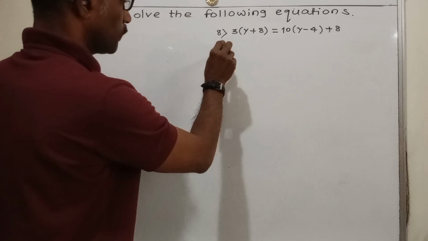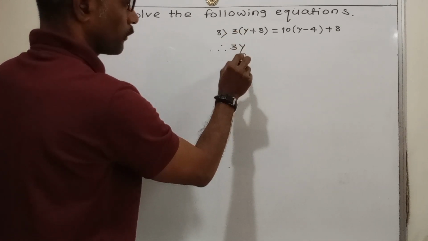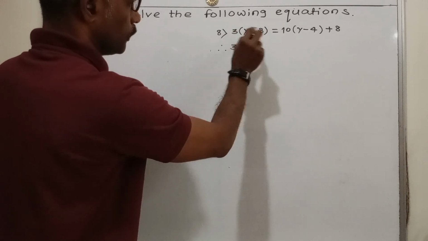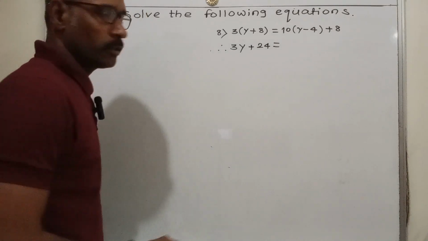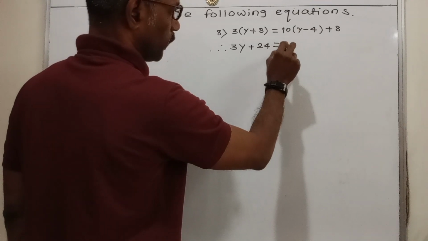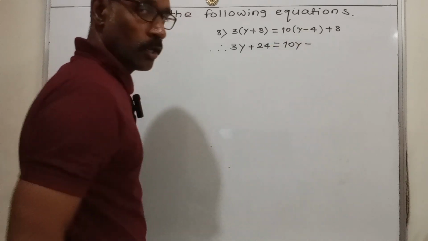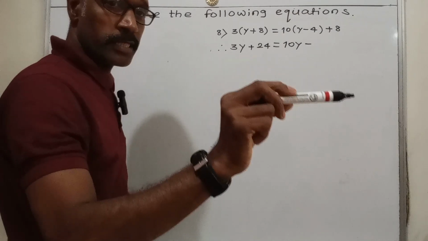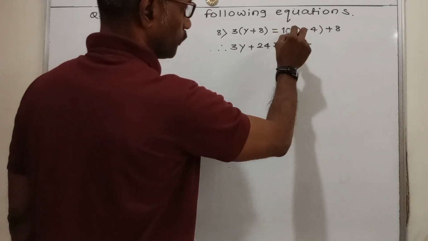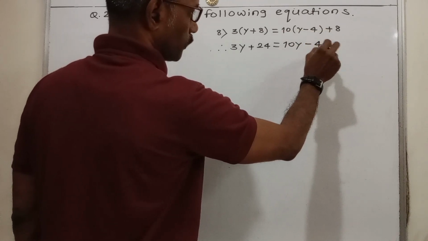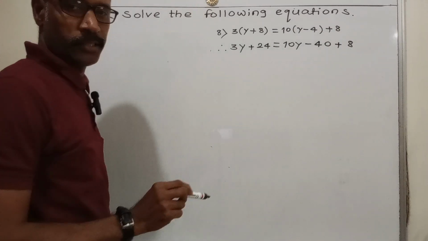Therefore, our first step: 3 into y, 3y plus 3 into 8, 24. 10 into y, 10y, plus into minus, minus. Always write signs first. Plus into minus, minus. 10 into 4, 40. Here plus 8. Did you get it?